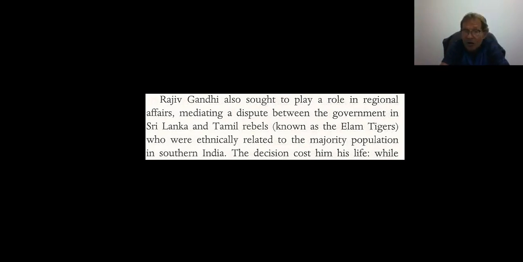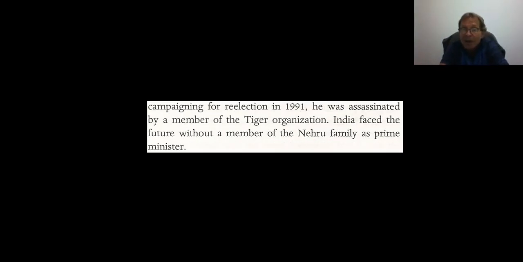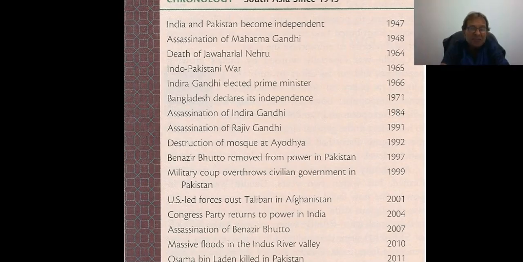But that decision cost him his life. While campaigning for re-election in 1991, he was assassinated by a member of the Tiger organization. Now India faced the future without a member of the Nehru family as prime minister. And this is a nice chronology of South Asia since 1945.